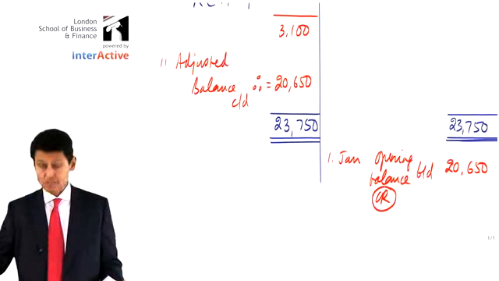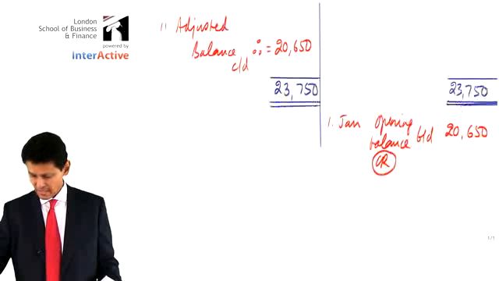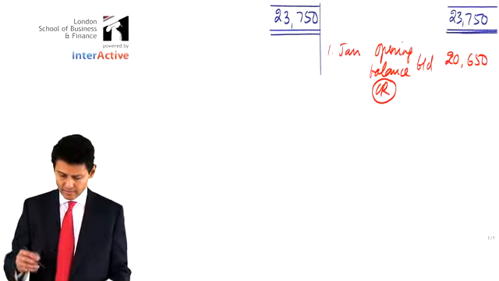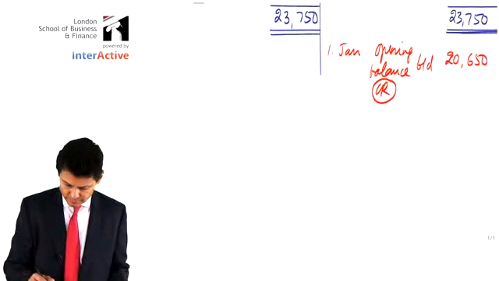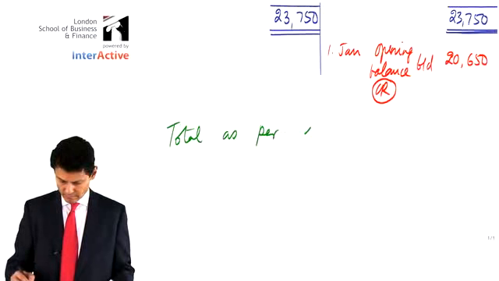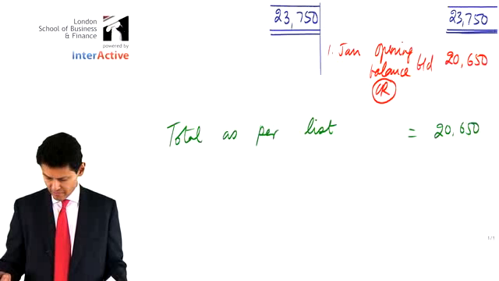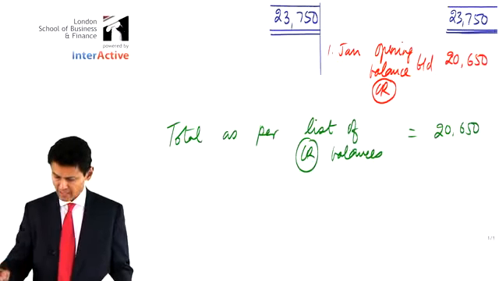And we're relieved to notice as well that the total of the balances as per the list actually comes to the same figure. So let's write that out. Total as per list, 20,650. List of credit balances. And of course you can see that the two reconcile.